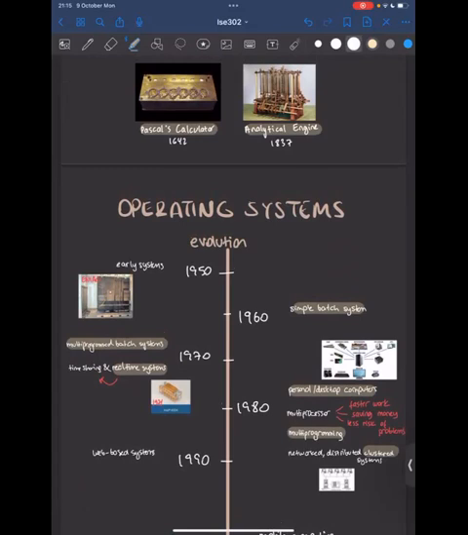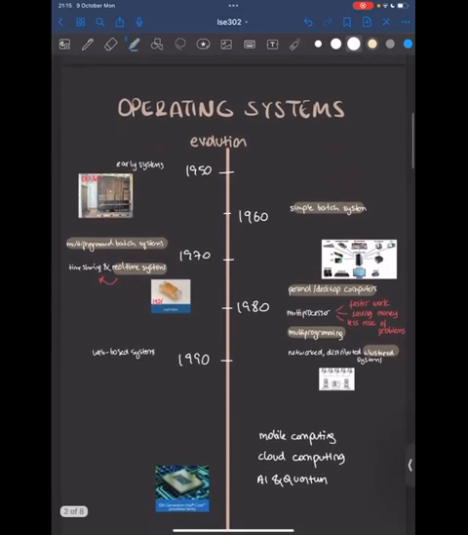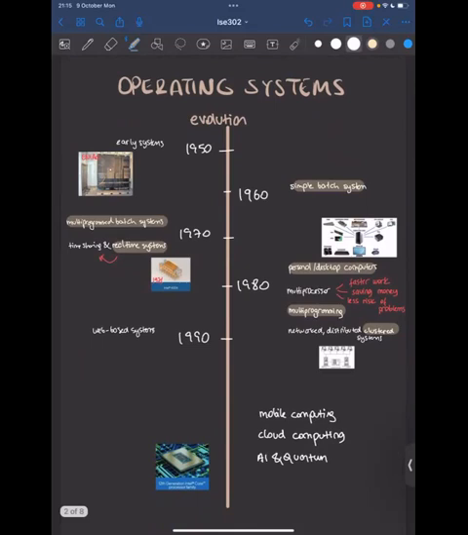Okay, so then came smartphones and cloud computing. Okay, this made it easy for people to talk and work together online. And now there's exciting stuff happening in artificial intelligence and also quantum computing, making computers even smarter.